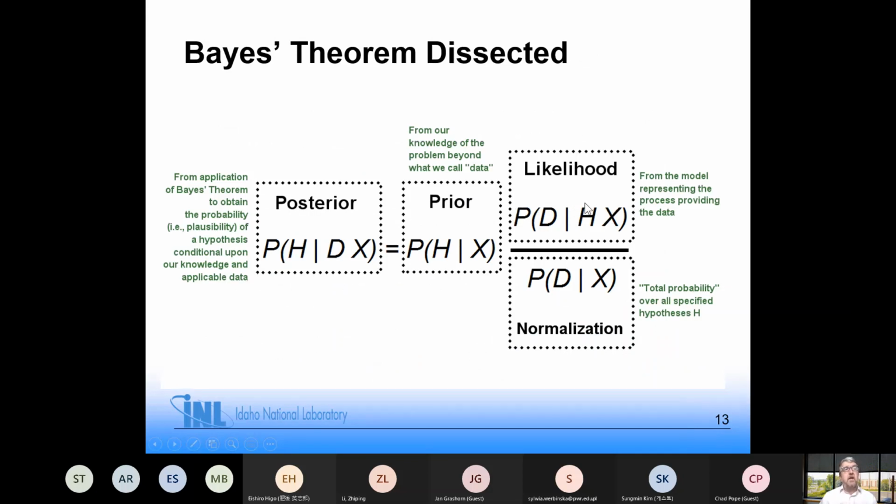So in other words, when I'm going to characterize loss of offsite power frequency, this box is going to be where the Poisson model lives. And also any data related to losing offsite power would also go into this box. What that data looks like: if we've looked for loss of offsite power events, we would count those over some period of time. So maybe we've seen 2 loss of offsite power events over the last 20 years. That kind of data plus the Poisson would go into this box.